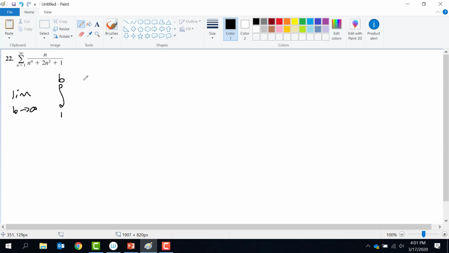Now here, if you are paying attention, you will notice that the denominator is a perfect square trinomial. I'm sorry, I'm in the wrong variable, so let me fix that.